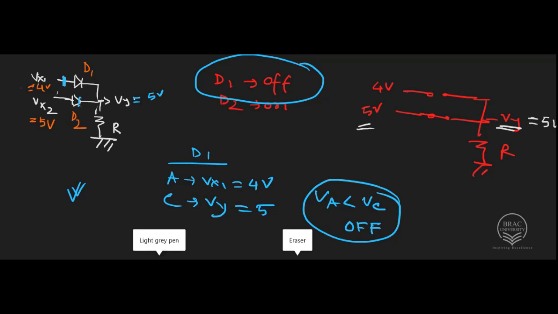So we can say that for the logical OR operation, for that circuit diagram, when my input voltages have different values, one has 4 volt, one has 5 volt, and let's say there is another diode which may have a value of 3 volt. If there are multiple values, then the voltage source that has the highest value, this time that is the 5 volt, will be equal to the output voltage.